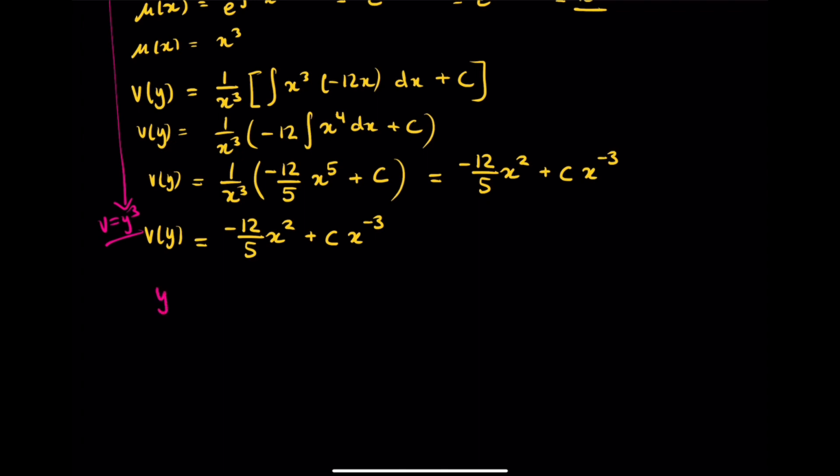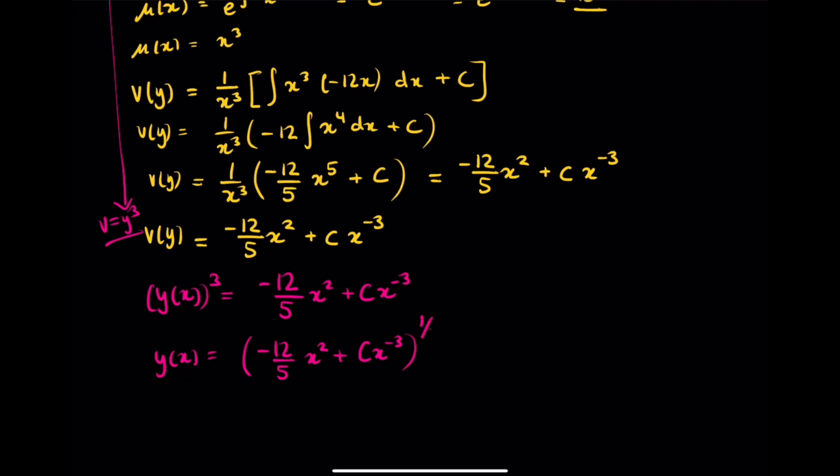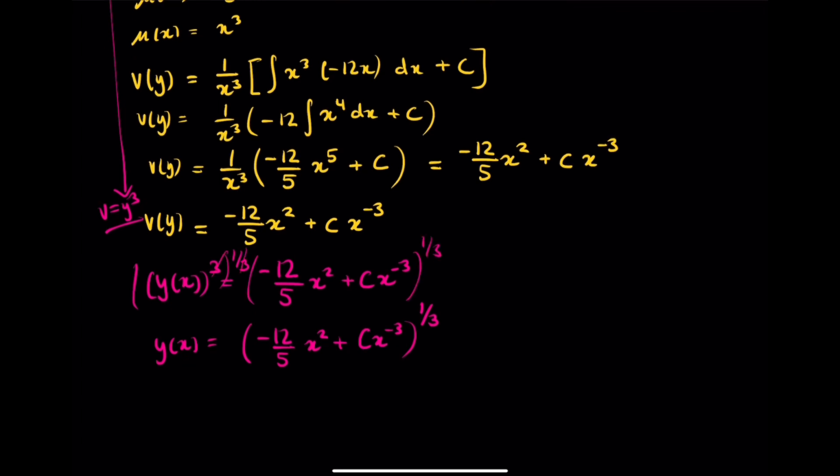So since v equals y cubed, y cubed equals minus 12 over 5 x squared plus c x to the minus 3. So then y(x) equals minus 12 over 5 x squared plus c x to the minus 3, all to the 1/3, because we did that. So then this just becomes 1. So yeah, that is your y.